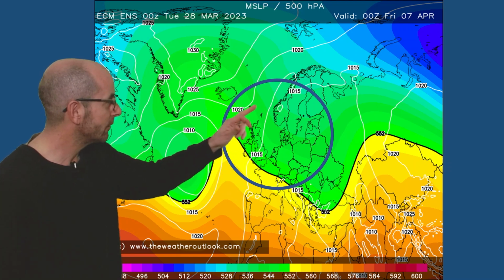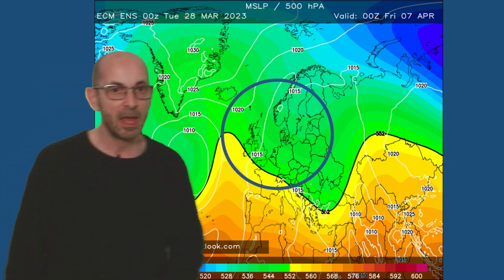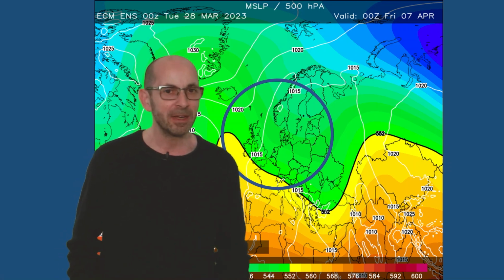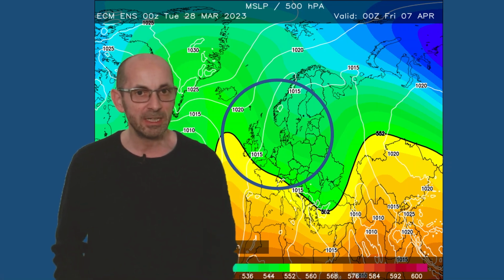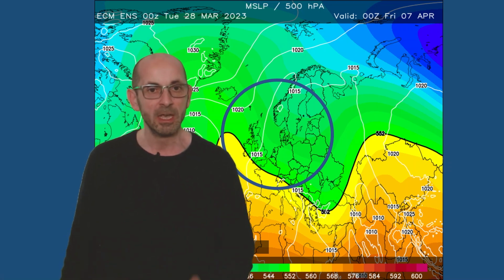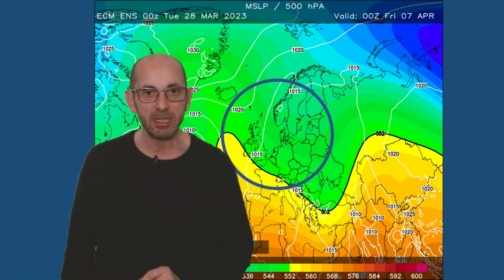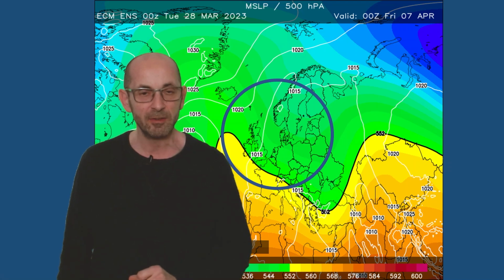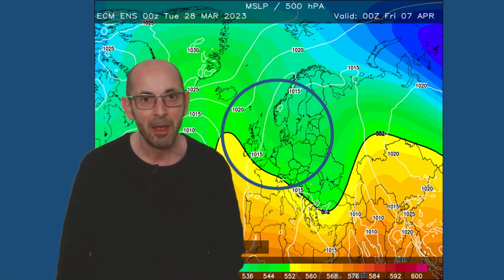Lower pressure close to the United Kingdom, and that suggests a more changeable scenario, a greater risk of rain if it's right. But I think when taken together with the GEFS, the effect is to lower forecast confidence. It could well be the case that the GEFS is overstating the extent of influence of high pressure.